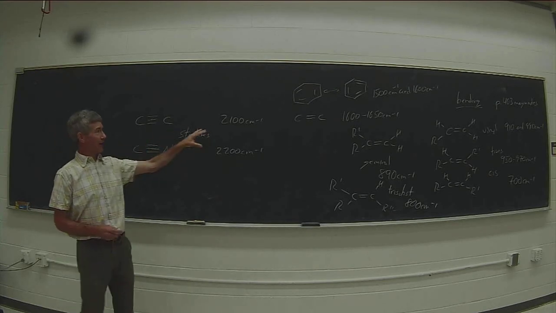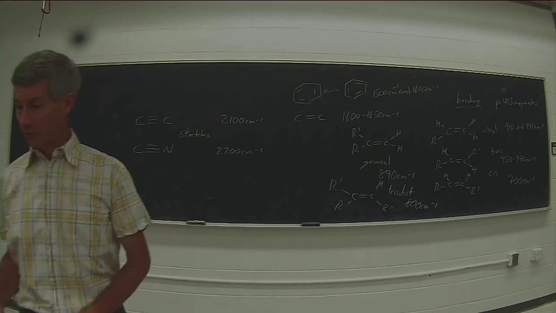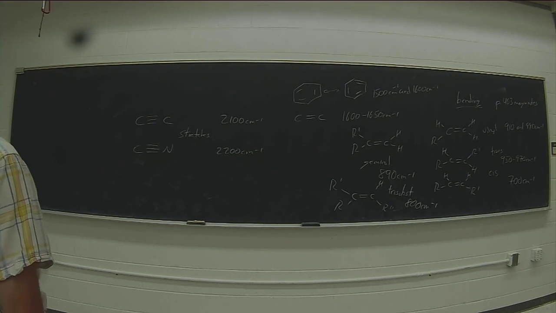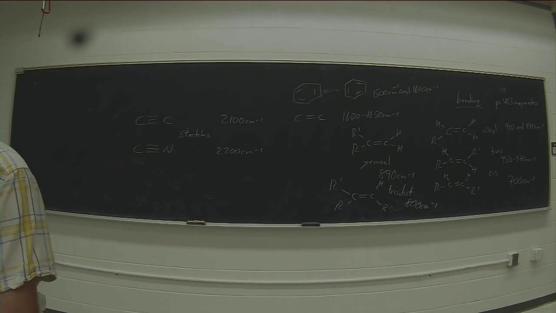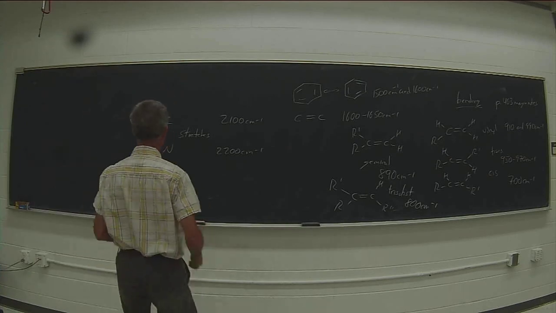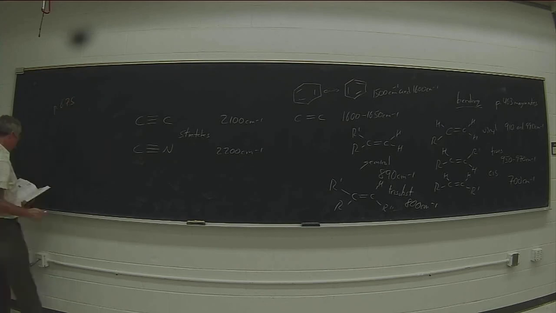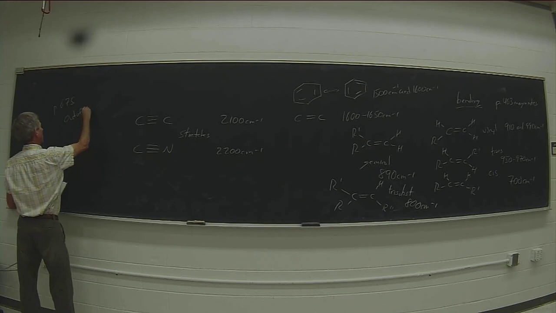There's another set of bending modes that are very useful for aromatic compounds. If you skip ahead to chapter 15, I'll find it for you. There's a section that talks about NMR spectroscopy of aromatic compounds and IR spectroscopy. So on page 675, bending modes for aromatic compounds.